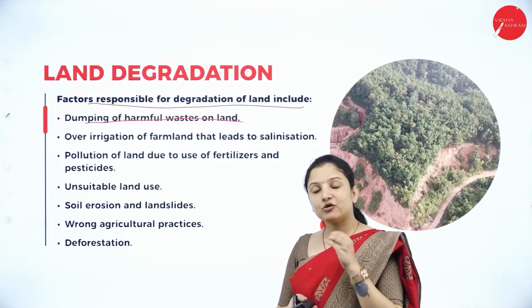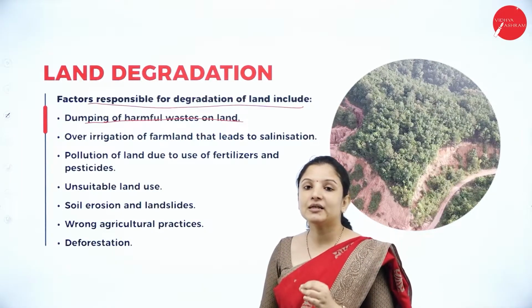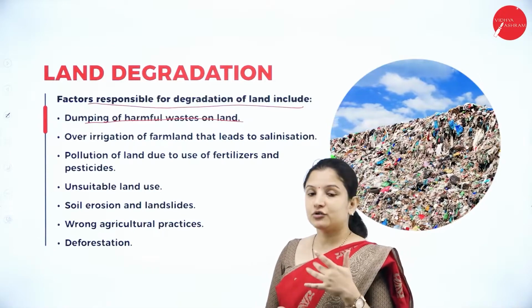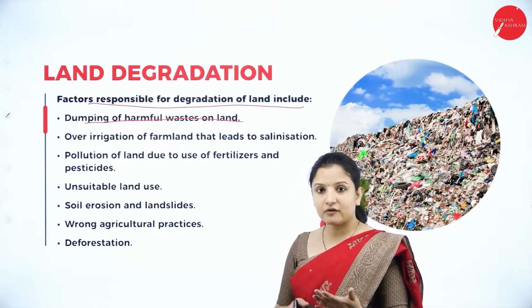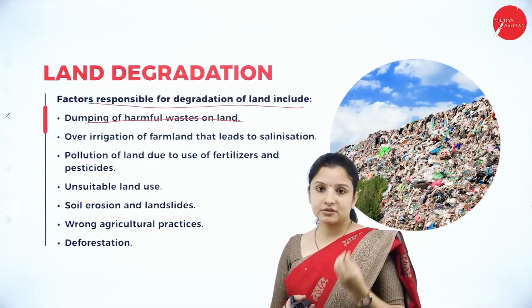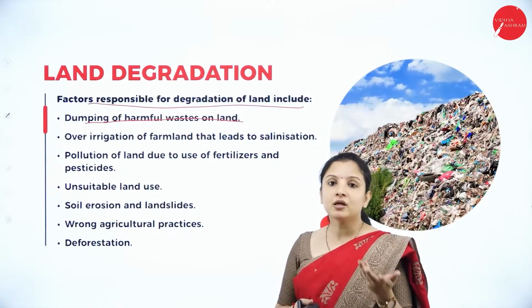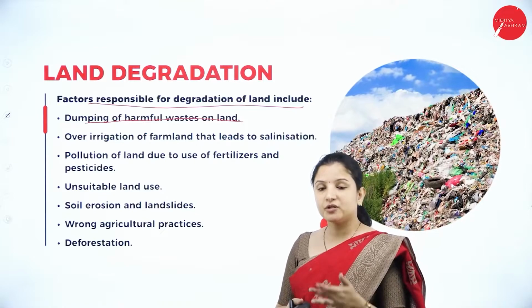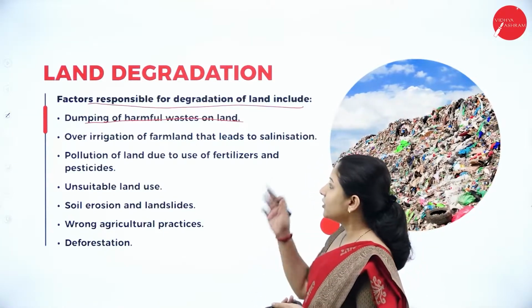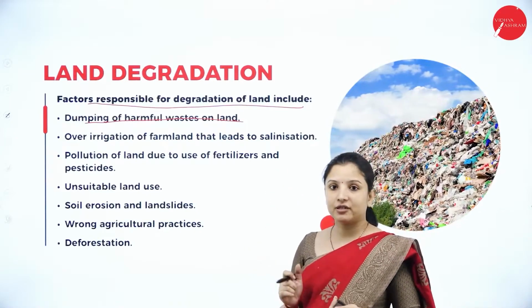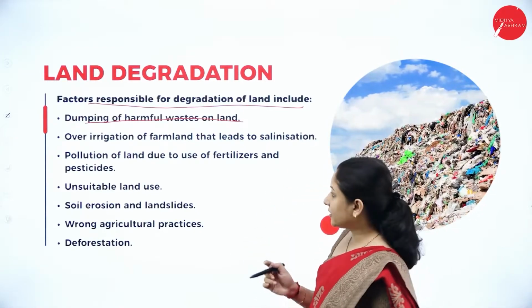And these microbes are very, very important to maintain the fertility of the soil. Therefore, the death of the microbes will reduce the fertility of the soil and the soil will lose its fertility. Therefore, it cannot be used for agricultural purposes or growing any plants, trees, etc. Therefore, dumping of harmful waste on the land causes land degradation.